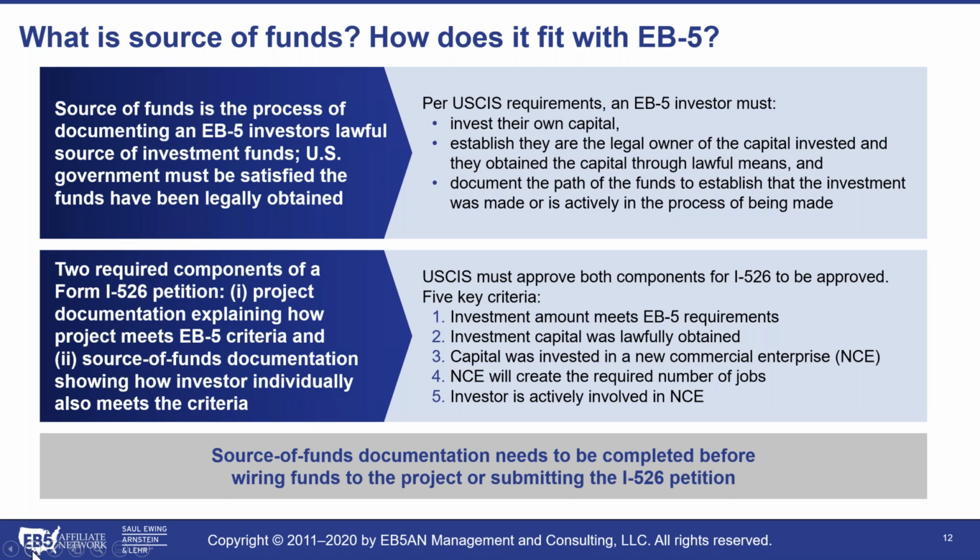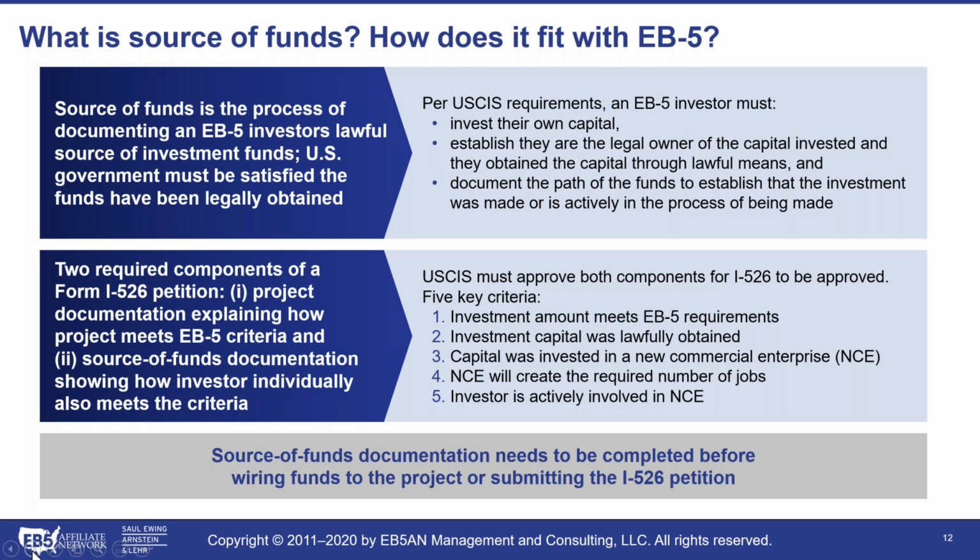They must show that they're the legal owner of the capital that's being invested, and they must show the path of funds to show how they obtained that capital. So essentially it's accounting and tracing not only where the money is from, but how did you obtain it and from what source, and how is it effectively your money that's going into the EB5 investment.